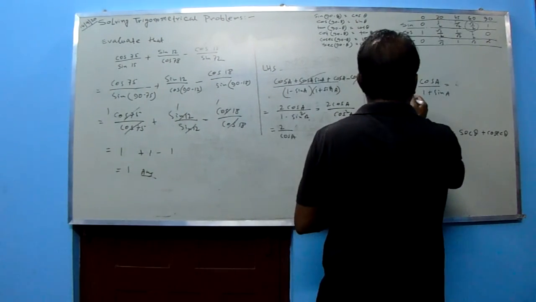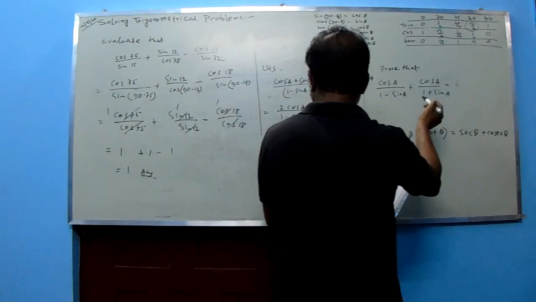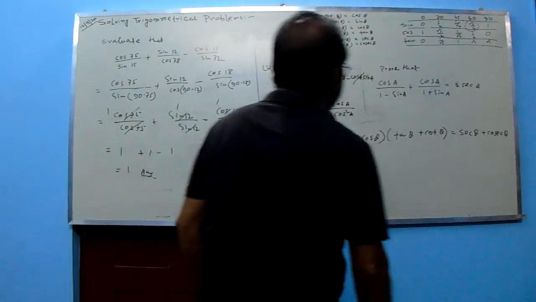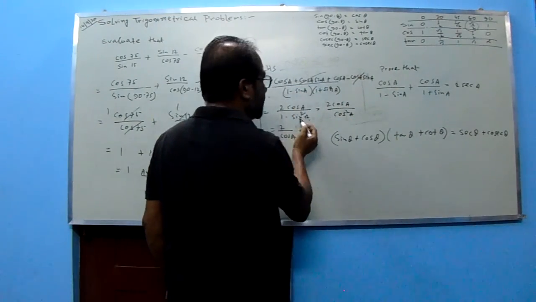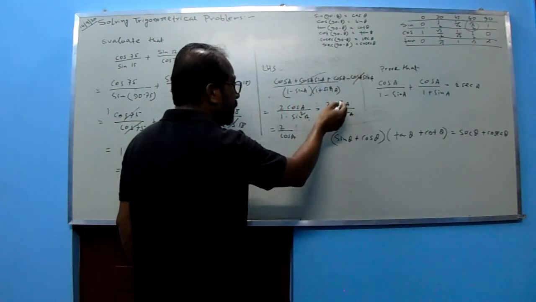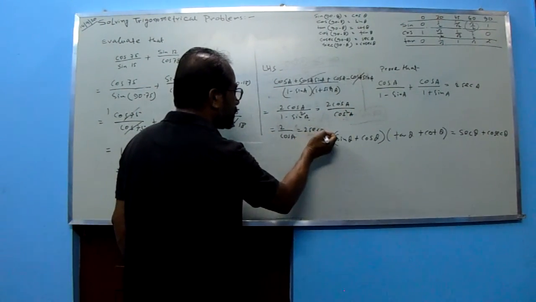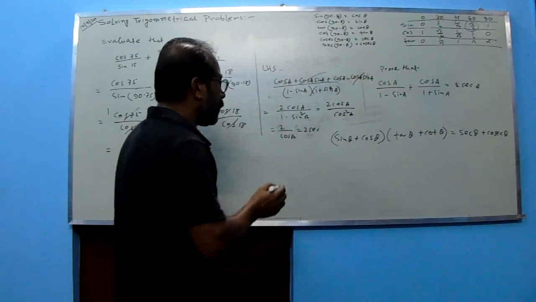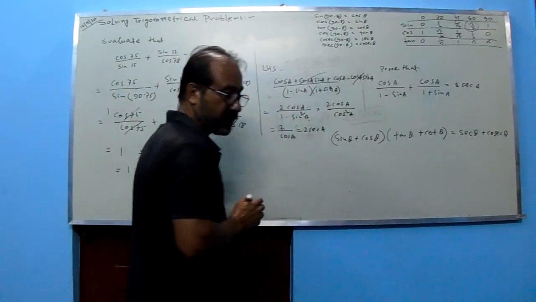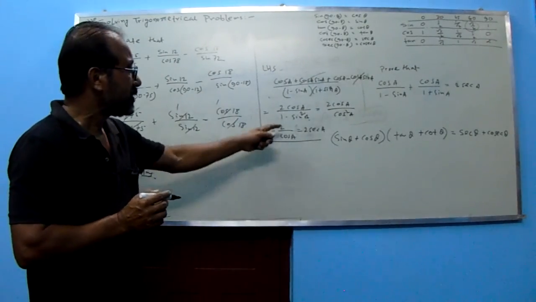Cos A by 1 minus sin A plus cos A by 1 plus sin A equal to 2 sec A. So the numerator gives 2 cos A and the denominator 1 minus sin square A is cos square A. So cos A and cos square A, it is 2 by cos A. 1 by cos means it is 2 sec A, right? So this is another method.